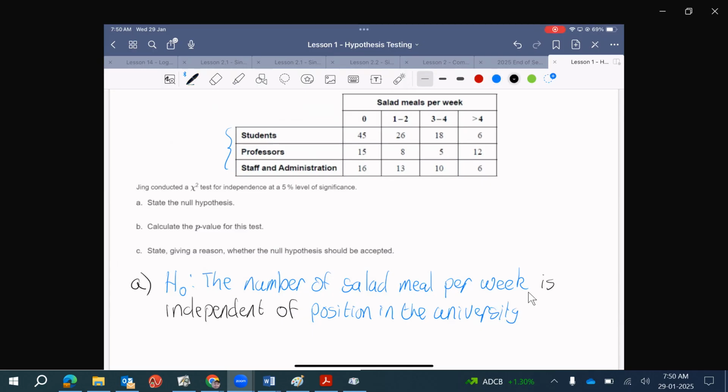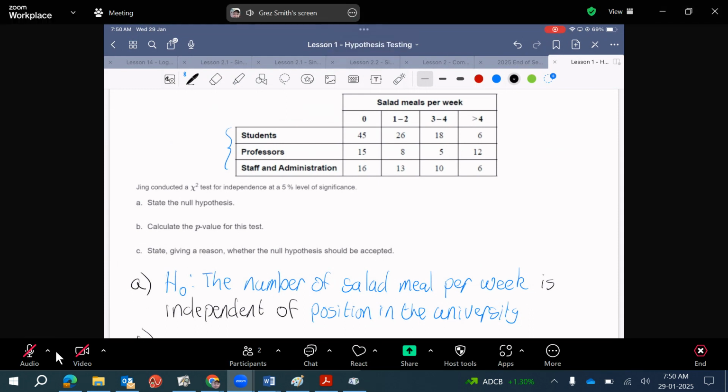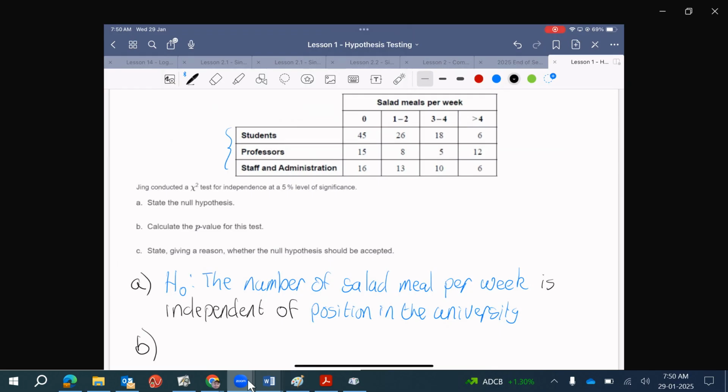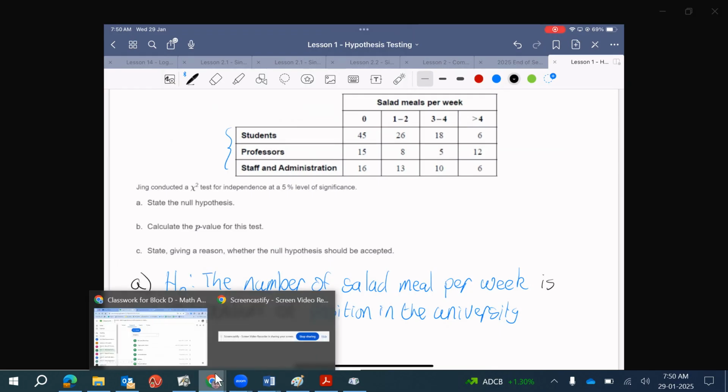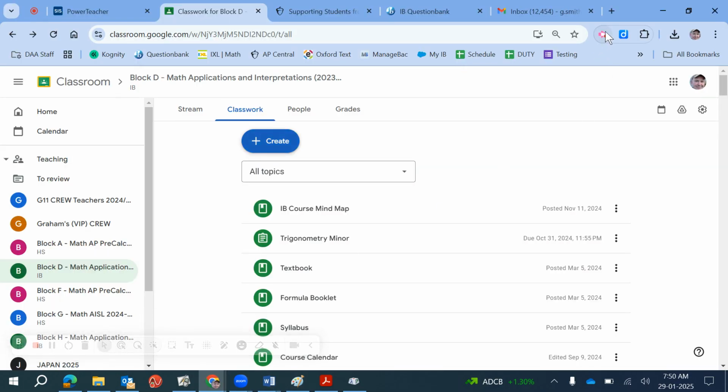Okay, B. Right, use your calculators now to calculate the p-value for this test. Put your hands up if you need help.